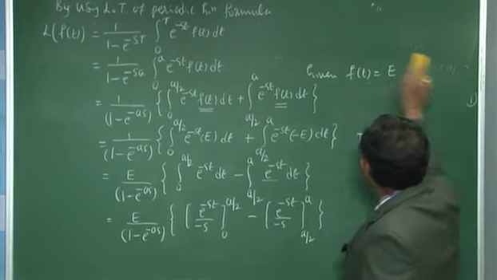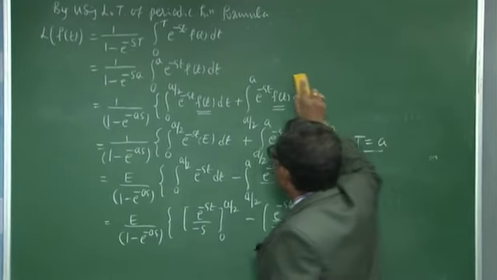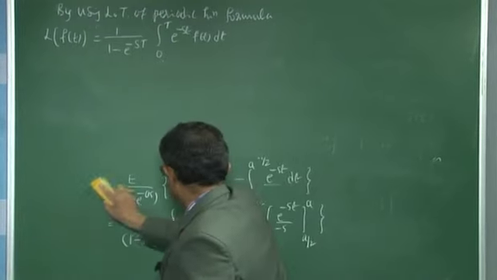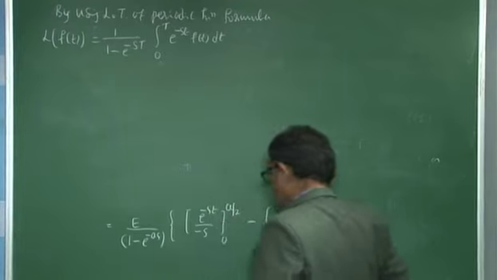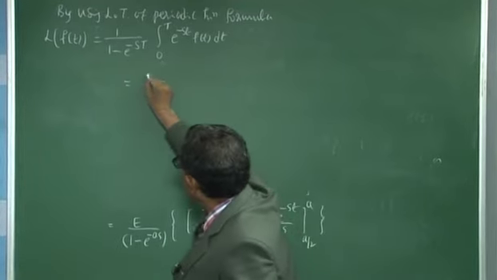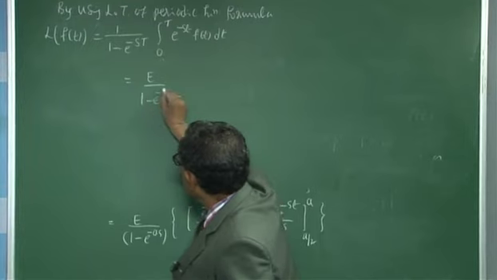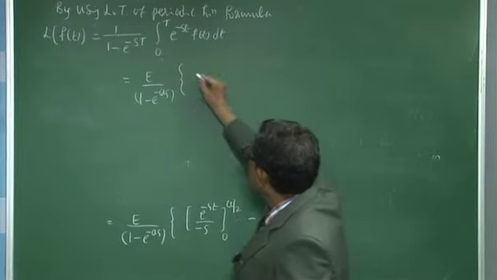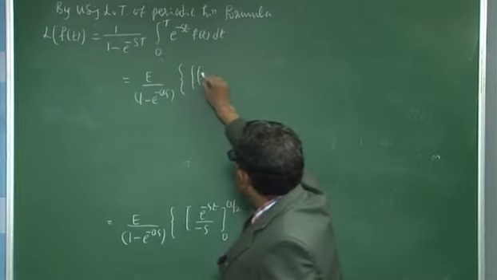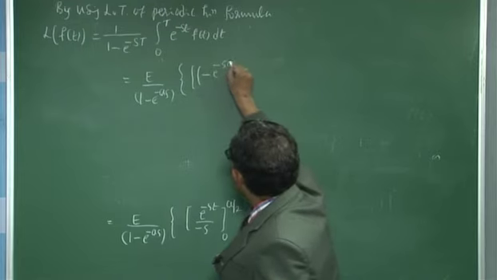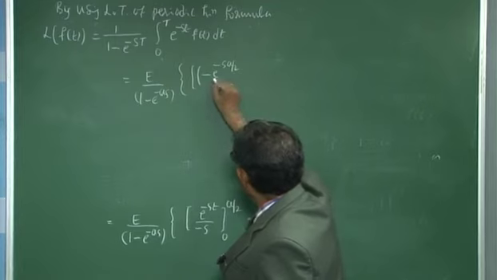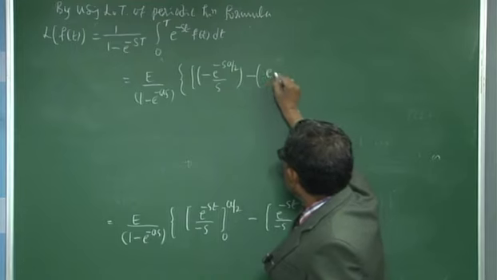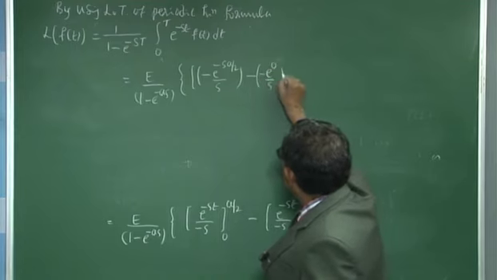What will you get? Simplify and see what you are getting. Now you can simplify. This is E divided by 1 minus e raised to minus sa. First substitute the upper limit: minus e raised to minus s a by 2, by s, upper limit minus lower limit, minus e raised to 0 by s.